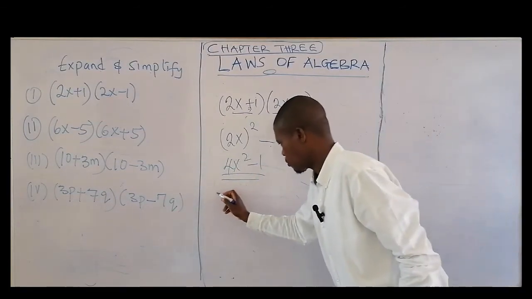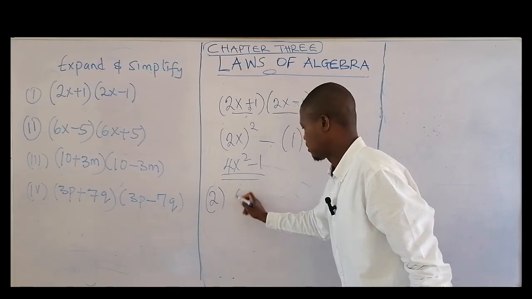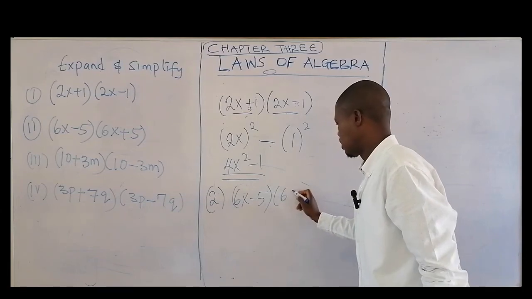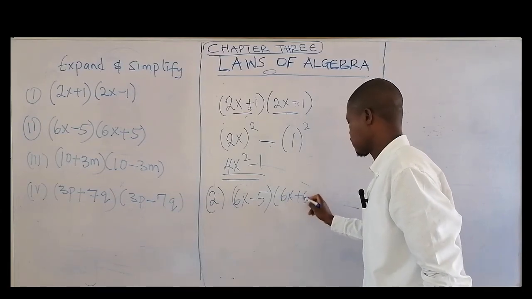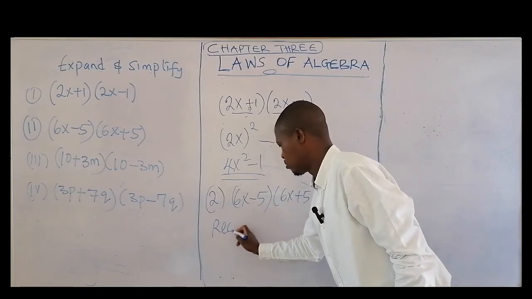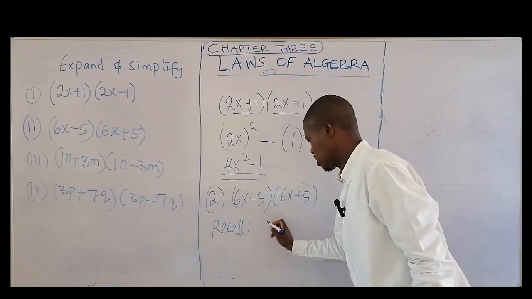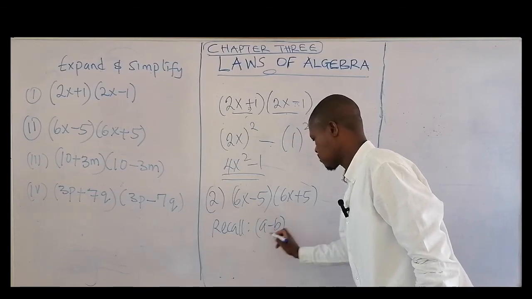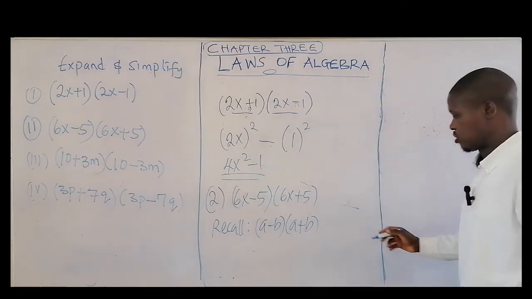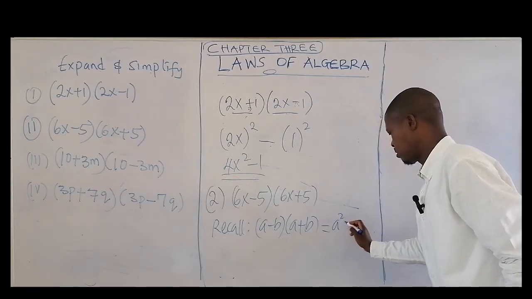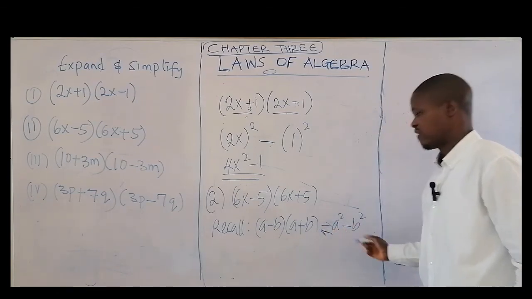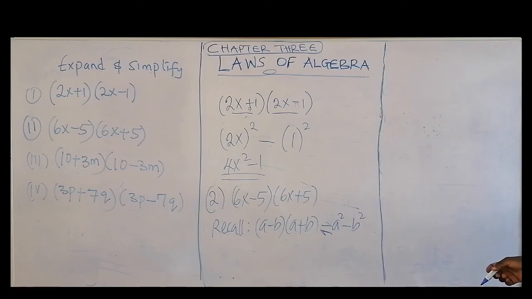Question 2. We have 6x minus 5 times 6x plus 5. So what I will say here is recall: a minus b times a plus b is equal to a squared minus b squared, which is reversible.